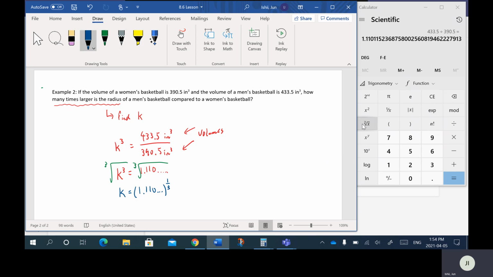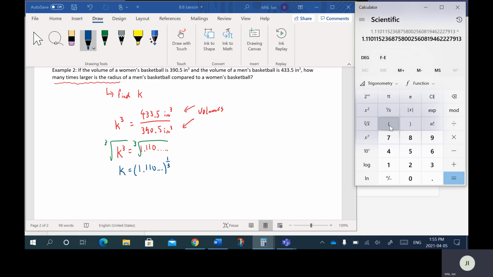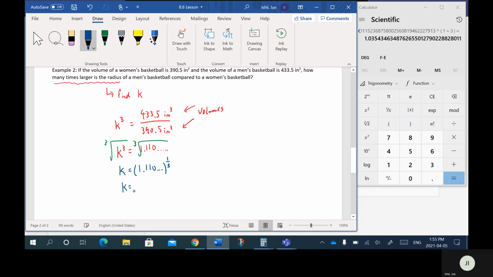For most calculators, you can just take the cube root directly. So this to the power of bracket 1 divided by 3, and I get k equals 1.03, let's round it to 1.035.